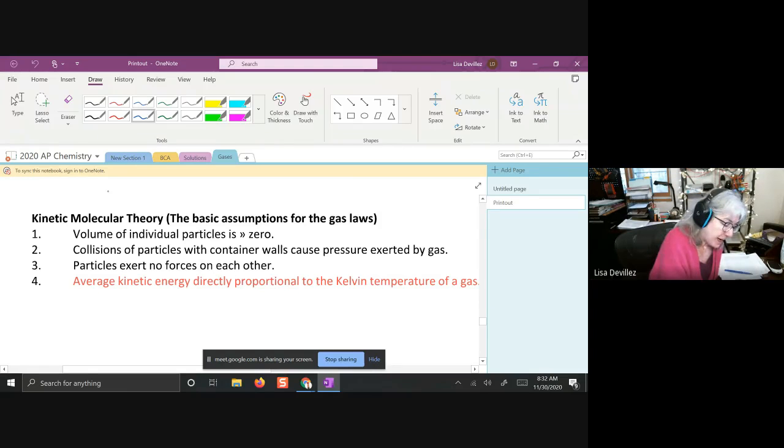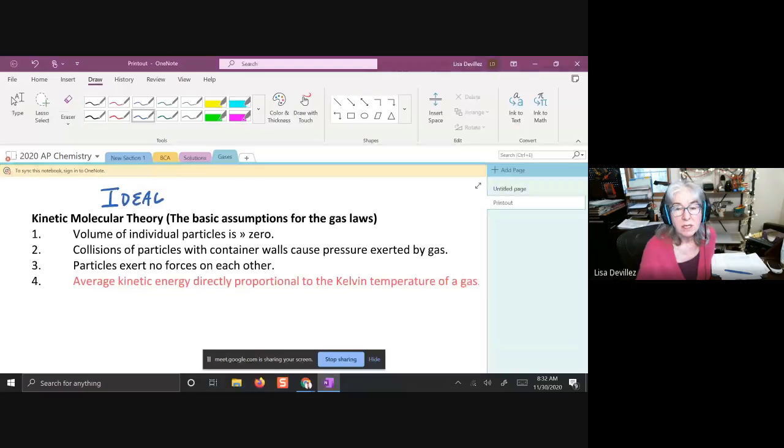A gas is ideal if it follows those equations, if we can use those equations to predict its behavior. And the kinetic molecular theory is the assumptions that we make in order to be able to use those equations. These equations are simplified versions that work under certain conditions. These are the assumptions made for those gas laws.